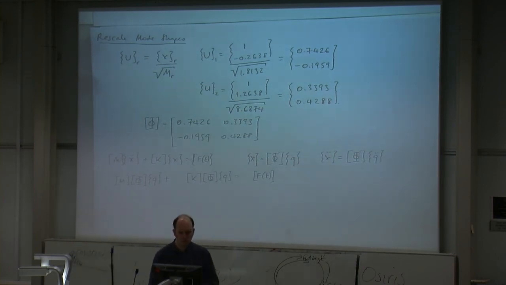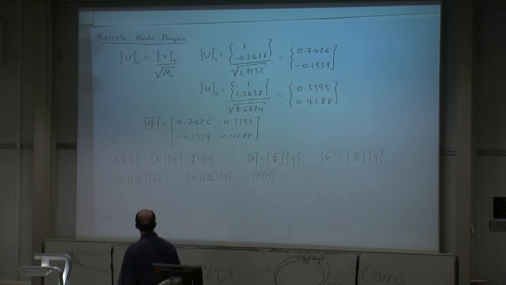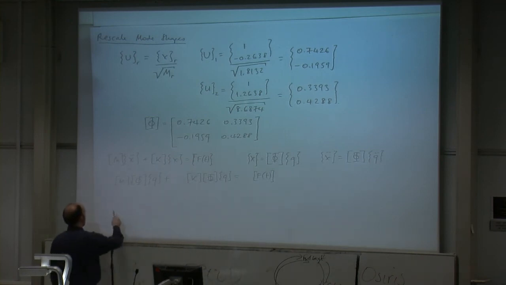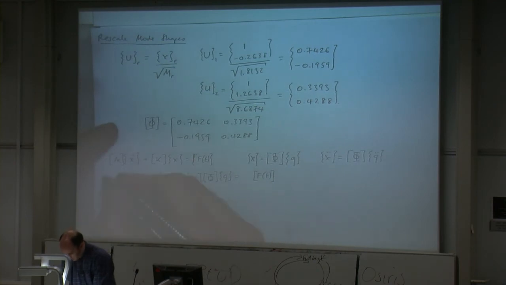And then what we do is we pre-multiply both sides of the equation by the transpose of phi. So that's why I've left these gaps. In front of this we put phi transpose. And obviously I've got to do that on this side as well, phi transpose.